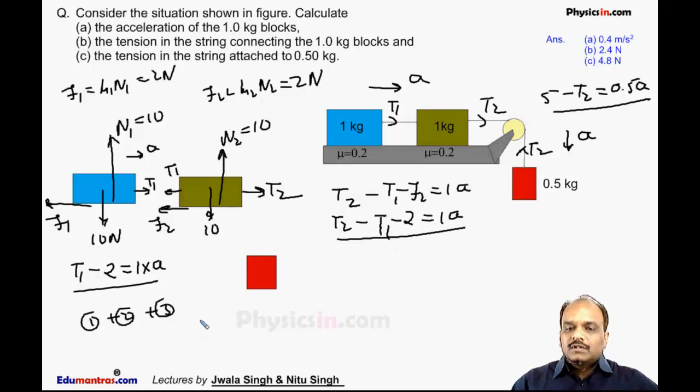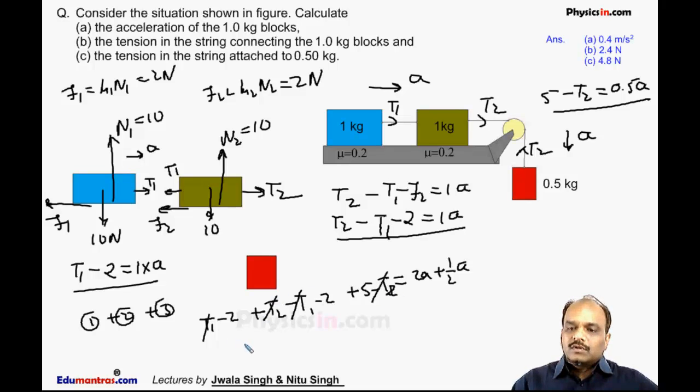So we get T1 minus 2 plus T2 minus T1 minus 2 plus 5 minus T2 is equal to 2A plus 1 by 2A. We get 1 is equal to 5 by 2A, or A is equal to 2 by 5.